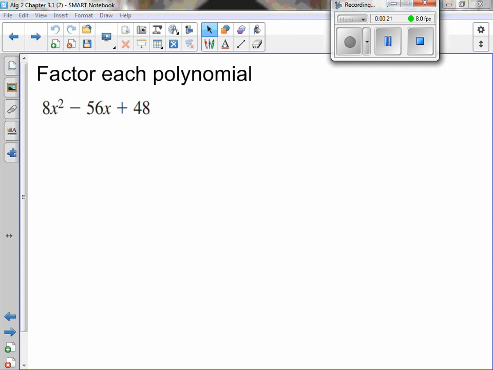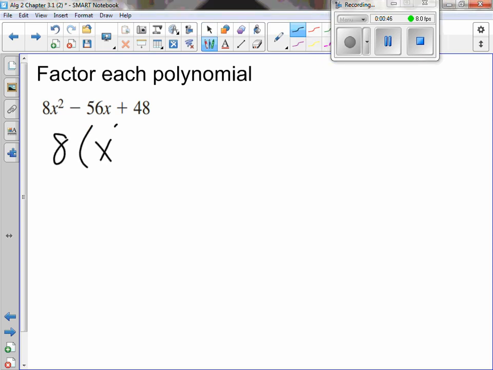Now, when we look at this, our first step in factoring is to determine, is there a greatest common factor between 8, 56, and 48? Well, there should be. If we factor 8 out of 8x squared, we get x squared, yes?